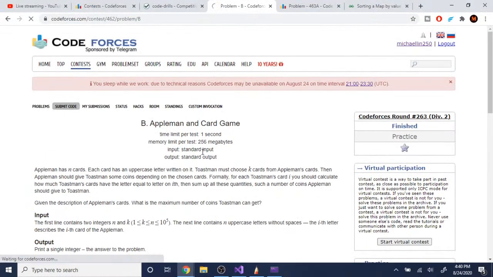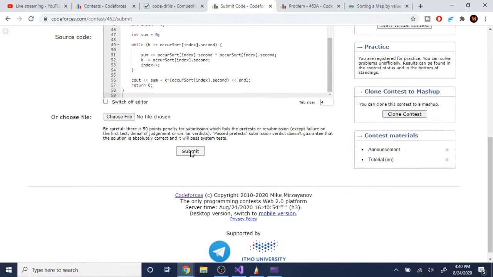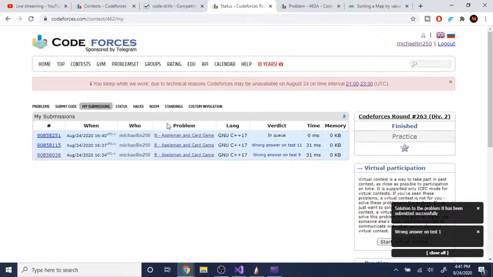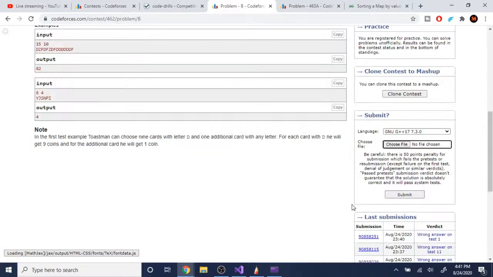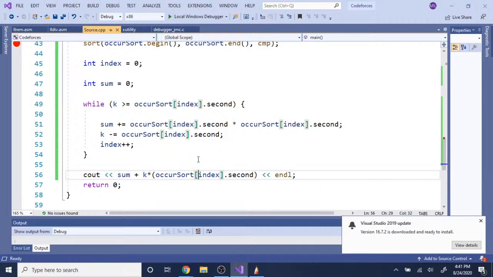Let's submit it. Goddamn. Okay, we have to do if... So k is 15. If 15 is less than... Okay, I got it.